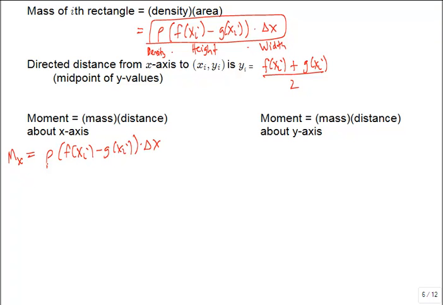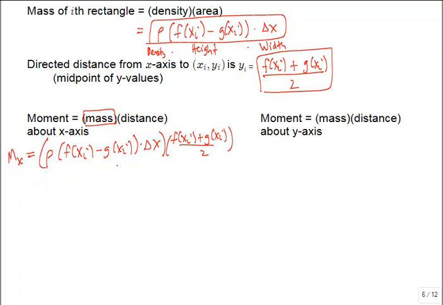So there's our density times our area, and that's our mass. That's this part of our formula. Now we need to take all of that times the distance that this mass is away from the x-axis, and that was this formula right here, this midpoint. That's just the moment about the x-axis for that particular rectangle.